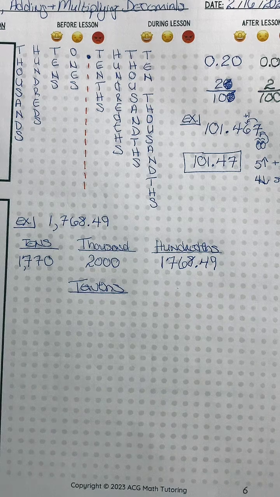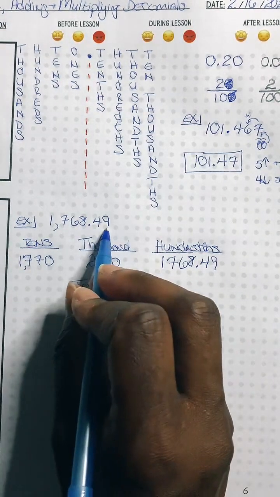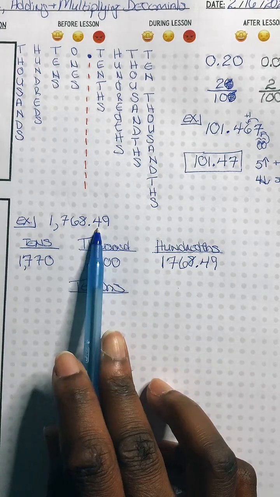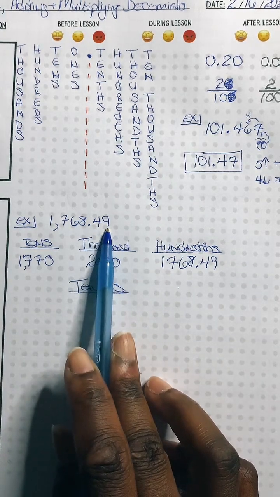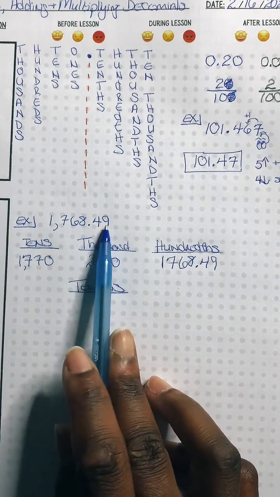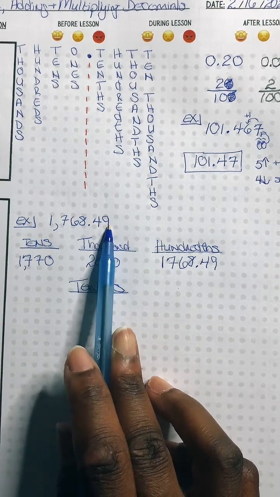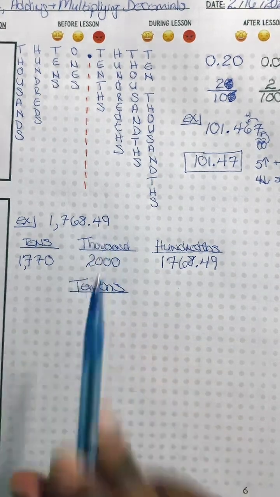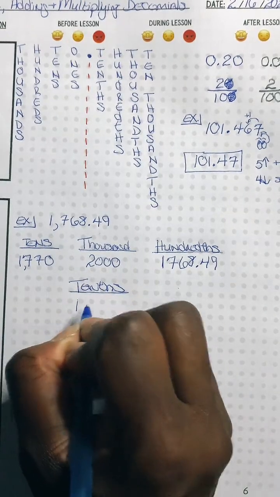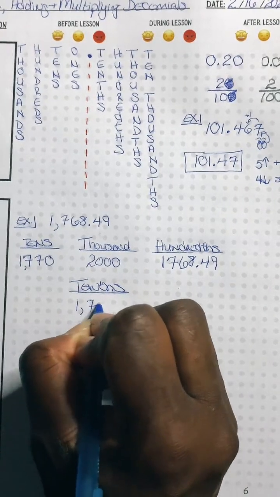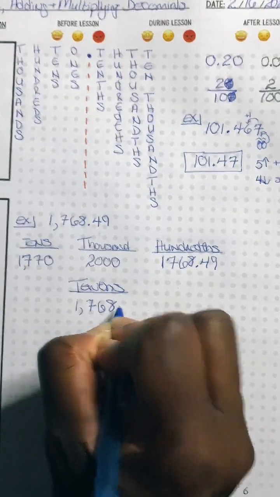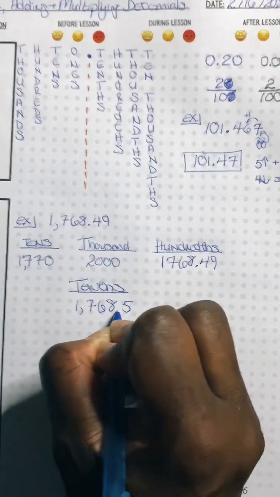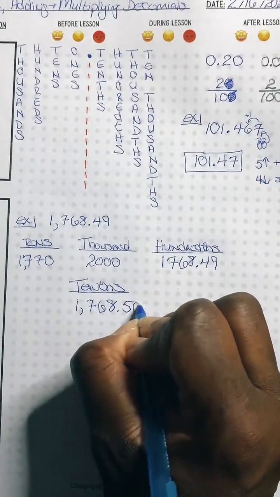Caitlin, Mark. Yes. So, rounding it to the tenth spot, that means I need to look at the hundredths, which gives me 9. So, 9 is 5 and above, so I'm going to add 1 to the 4, which does give me my 1,768 point, you could say 0.5 or 0.50.